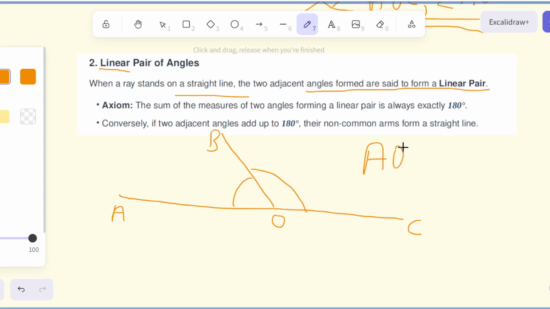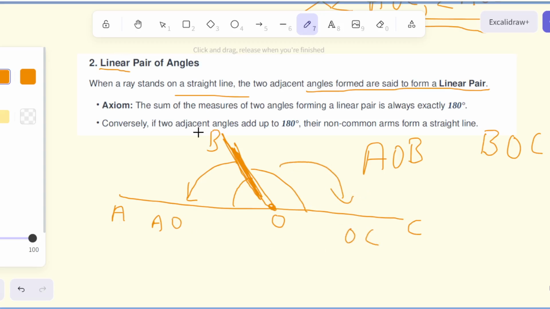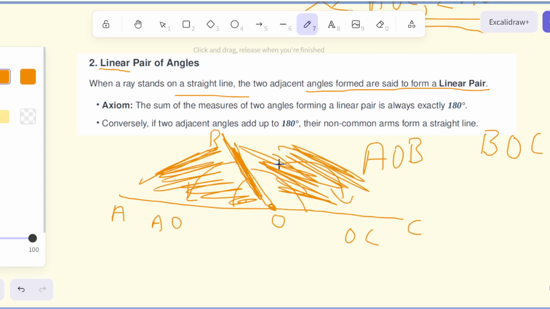AOB and BOC are adjacent angles because they have the same vertex, the same common arm BO, and the non-common arms AO and OC are on opposite sides of this common arm. Or if you shade the areas of these two angles, they will not overlap.